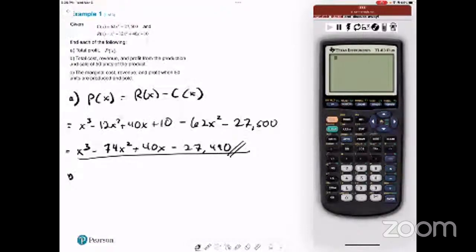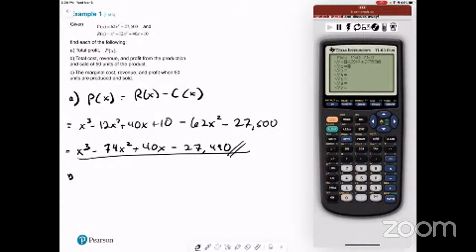Okay, so I'll put my cost function in Y1. Let me try to type. So 62x squared, let me see, 62x is like this, x hat, where's squared? I think that's it, okay. 62x squared plus 27,500, okay.